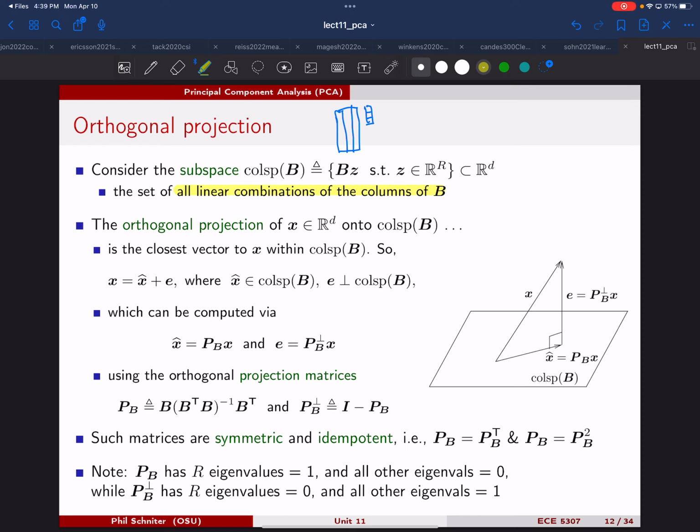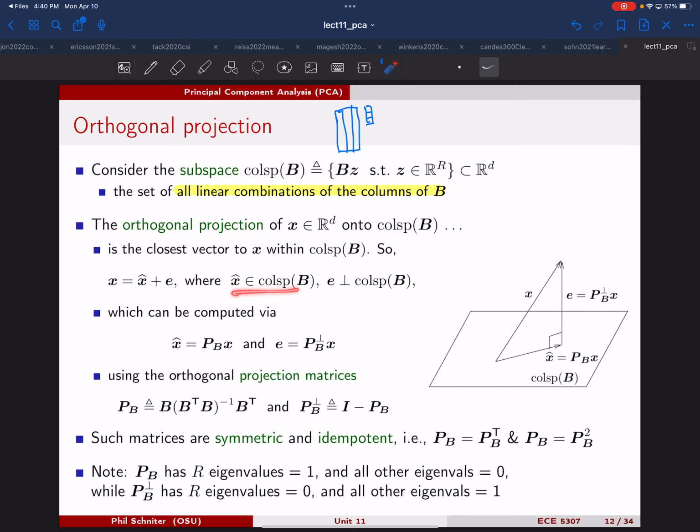So when we talk about orthogonal projections of this vector onto this column space, we can write them like this. We just sort of discussed this informally. X is the approximation, which lies in the plane, plus an error. And we just said, kind of intuitively, this error should be perpendicular to that plane, or perpendicular to that column space.